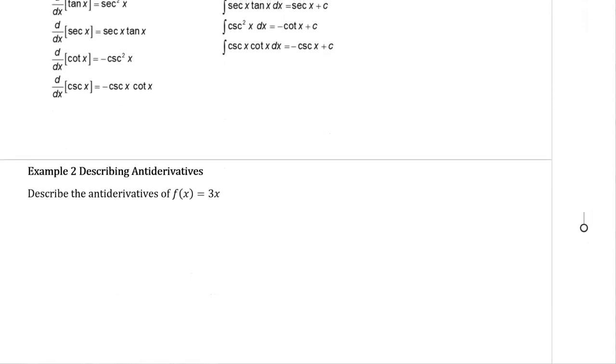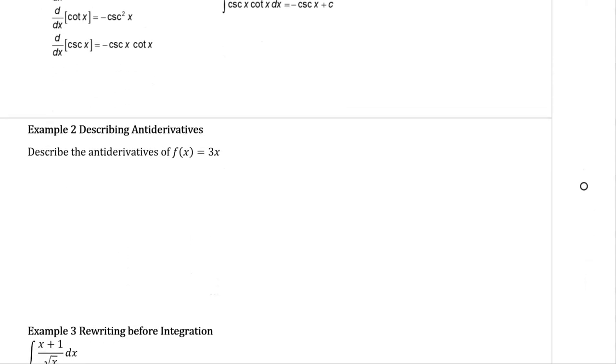So let's look at a second example. We want to describe the antiderivatives of the function f of x equal to 3x. Well, to get the antiderivatives of the function f of x, I am going to integrate f of x with respect to x. So inside of my integral with respect to x, I will be putting the function 3x.